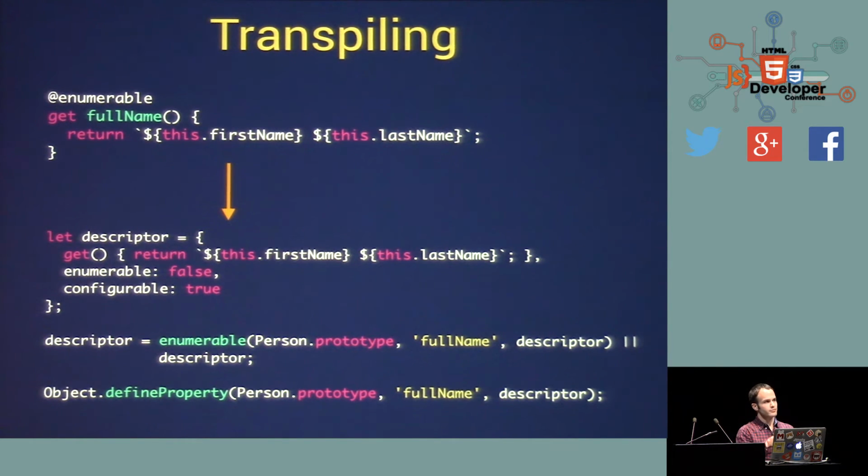And notice we're using a Boolean OR there. So if we just modify it, mutate the descriptor, and don't return anything, then it'll just keep using what it already had, but it's been mutated now. Or if something is returned, in this case a new descriptor, then it would just use that. And now it's going to actually call defineProperty on the Person prototype with this new or mutated descriptor. And that's how you can hook in and do this in a very declarative manner.